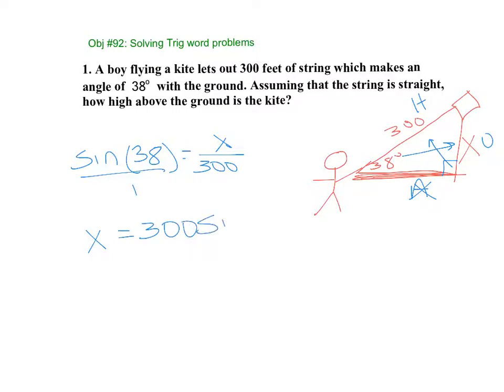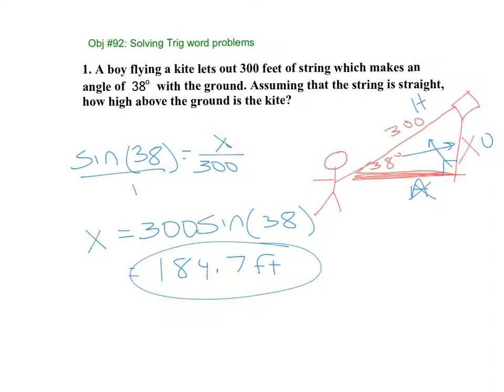X equals 300 sine of 38 degrees, which is 184.7 feet. That's pretty high. I guess 300 feet of string is pretty ridiculous, too. I haven't flown a kite since I was a kid.